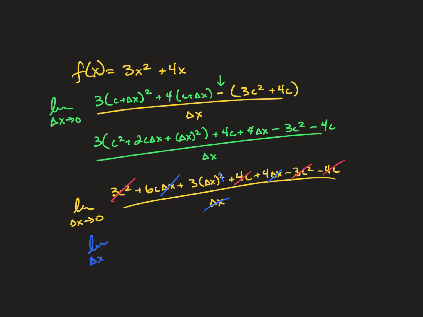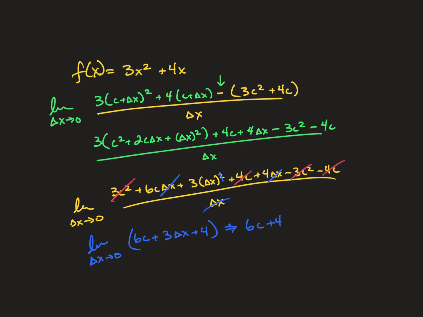So now I have a limit as delta x approaches 0 of what? 6c plus 3 delta x and then plus 4. So now we substitute in 0 for what? Delta x. And so now what do we end up with? 6c plus 4.